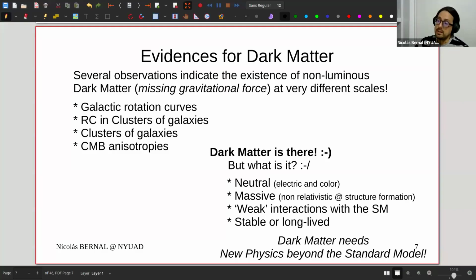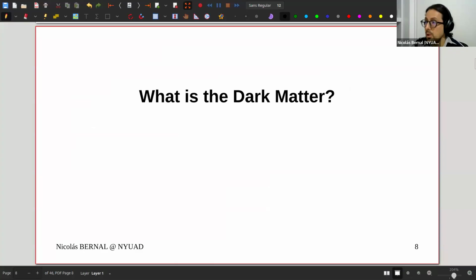And the cool thing is that dark matter needs new physics beyond the standard model, because if you want a fundamental particle to be responsible for this dark matter, we don't have any viable candidate in the standard model. So that's cool of dark matter. Really the question that we want to solve is what is the dark matter? However, here we'll try to tackle this question in a slightly different way.